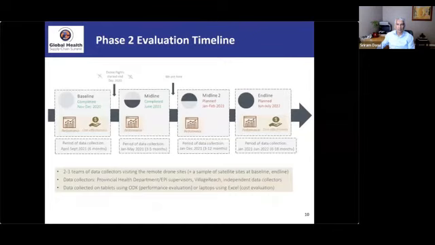This midline performance evaluation is part of a pre- and post-test evaluation study with baseline data collected in health facilities over 6 months in 2020 before the flights were introduced, and midline data collected in June 2021, about 3 to 5 months after drone flights started at 12 of the remote health facilities.